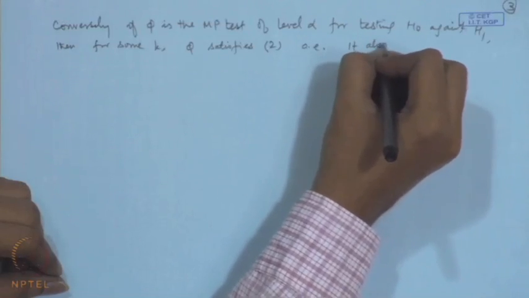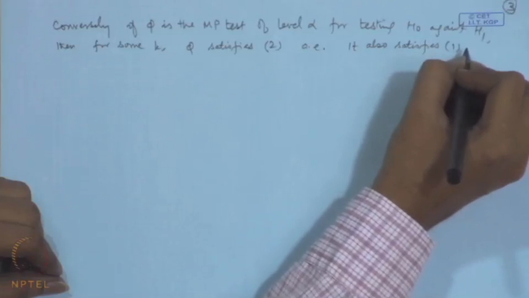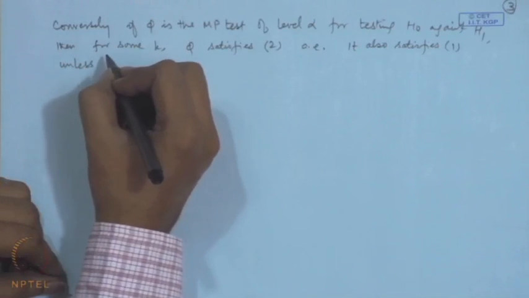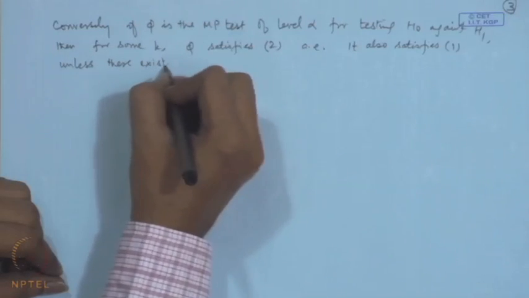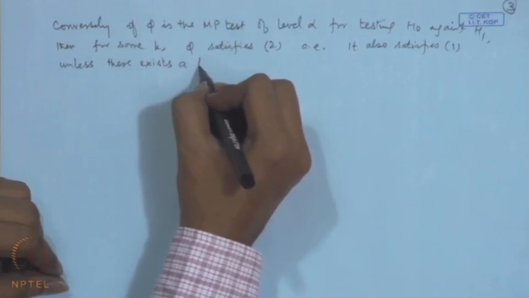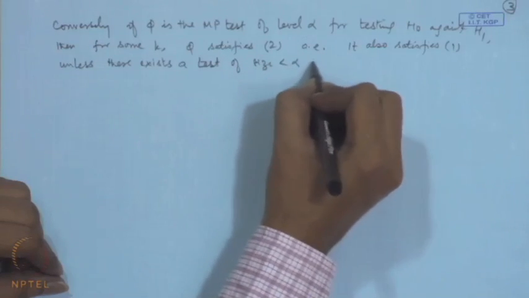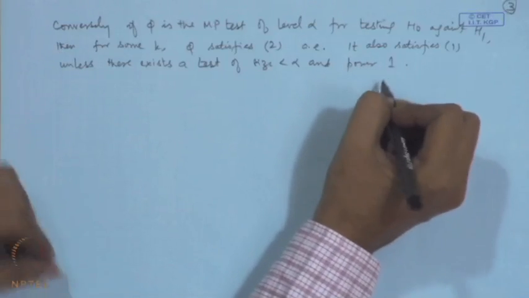It also satisfies 1 unless there exists a test of size less than alpha and power 1. So, this is the exceptional case.